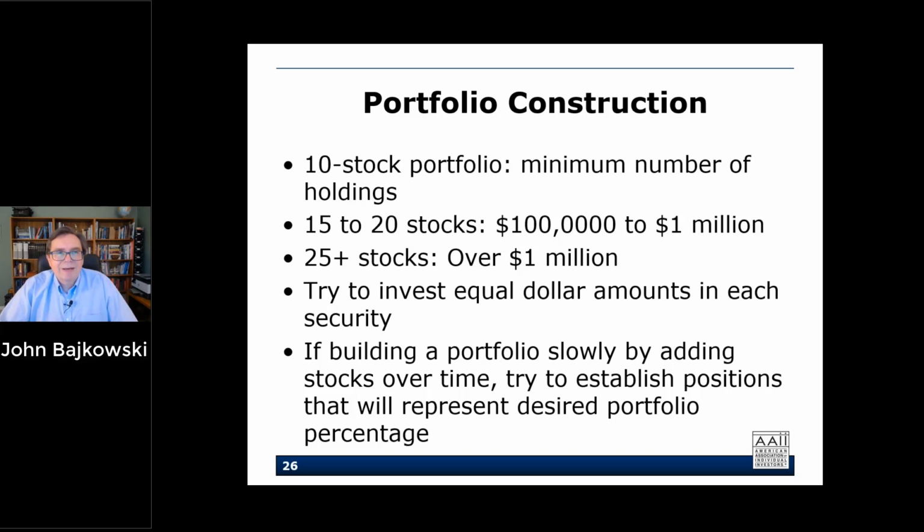And we recommend that you try to buy equal dollar amounts in these things initially, and think forward as to how much you're going to have. If you're going to build a portfolio of $100,000 and you're going to have 10 stocks in it, you want to, in effect, average out $10,000 in that position to get there. So really, those are the considerations as far as building the portfolio.